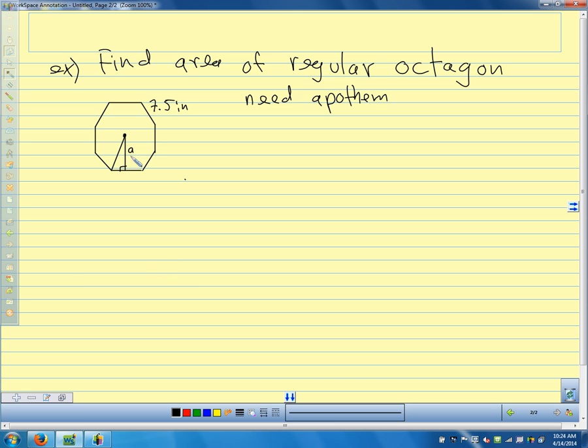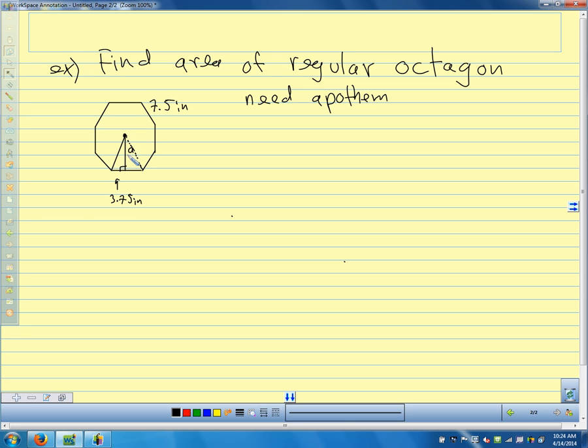Now when we first started talking about drawing this little triangle in here, what does the apothem do to the length of the side? Cuts it in half. So this little piece is 3.75 inches. And if I draw in a dotted line here for my central angle, what does the apothem do to that central angle?